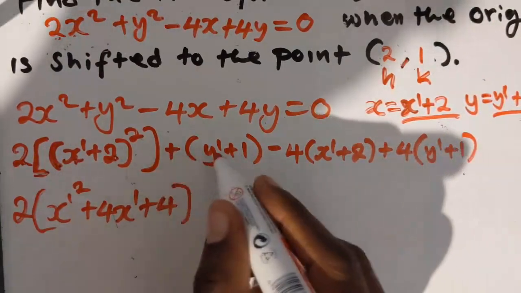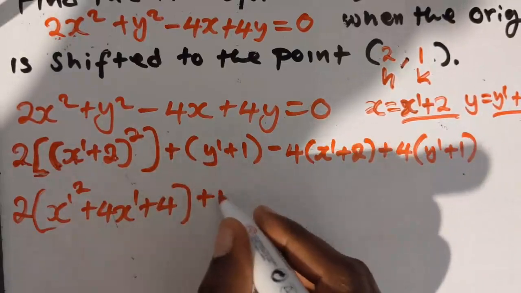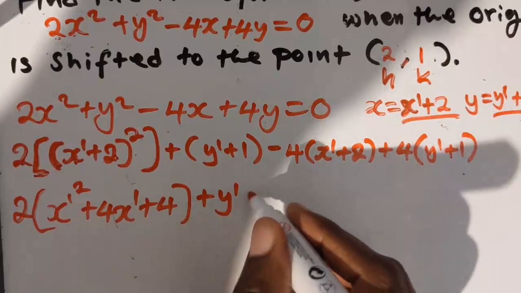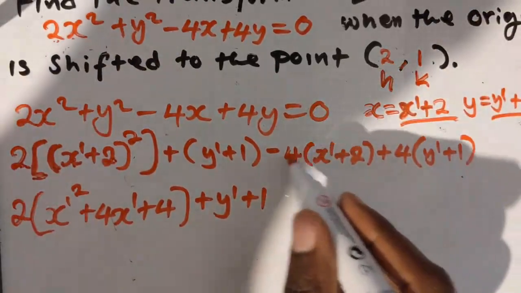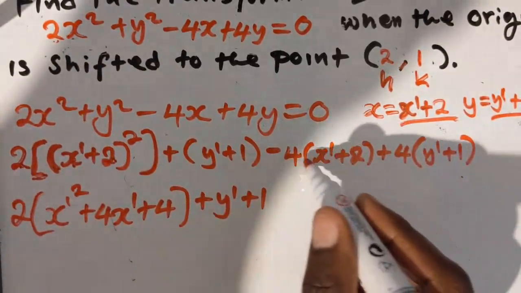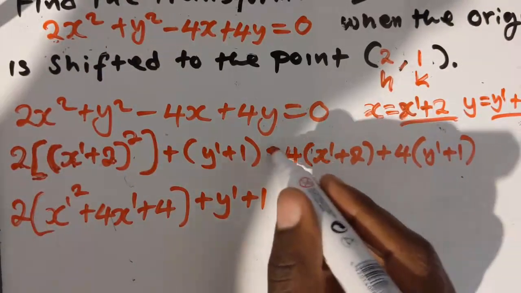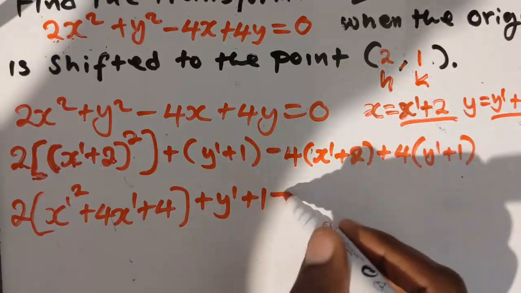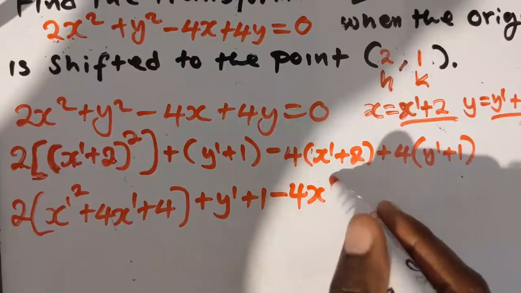So you multiply positive times positive y, so it's going to be positive y prime, then positive what? Positive 1. When you come to this one, multiply the negative times this positive. Negative times positive is going to be negative. Then 4 times x, 4x prime.